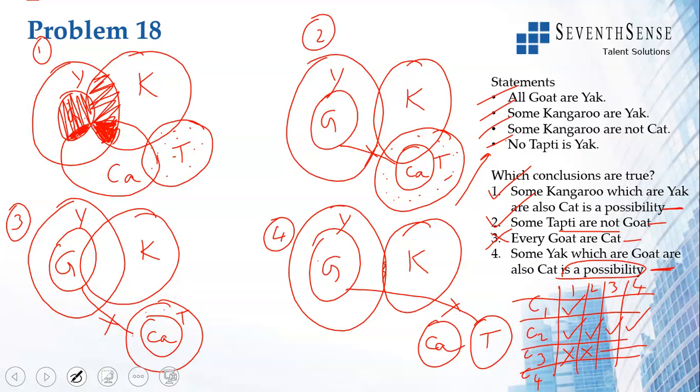Yak which are goat is this area, the entire circle. Some part of this is also cat, hence it is a possibility. So I've gotten a tick in the first diagram itself. Therefore, because it has the word possibility, I don't look any further. Conclusion 4 is true. So I have conclusions 1, 2 and 4 being true.